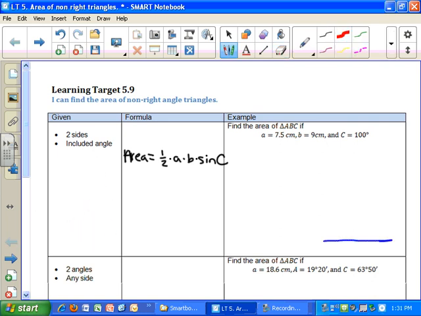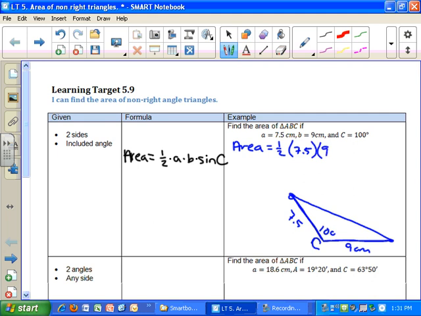If we've got 100 degrees right there for angle C, we'll say that's 9 centimeters and 7.5. And we want to find the area of that. We can plug those numbers into our formula. So we would say the area equals 1/2 times 7.5 times 9 times the sine of 100 degrees.